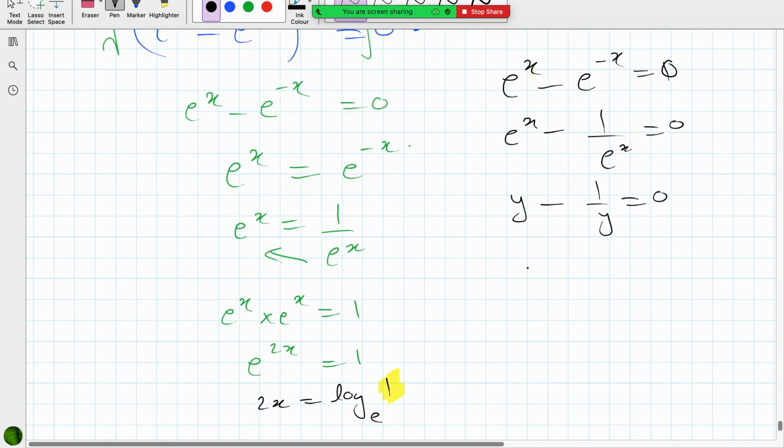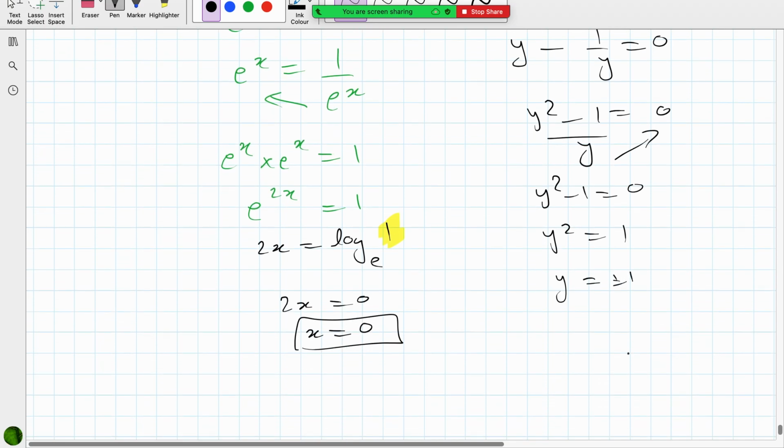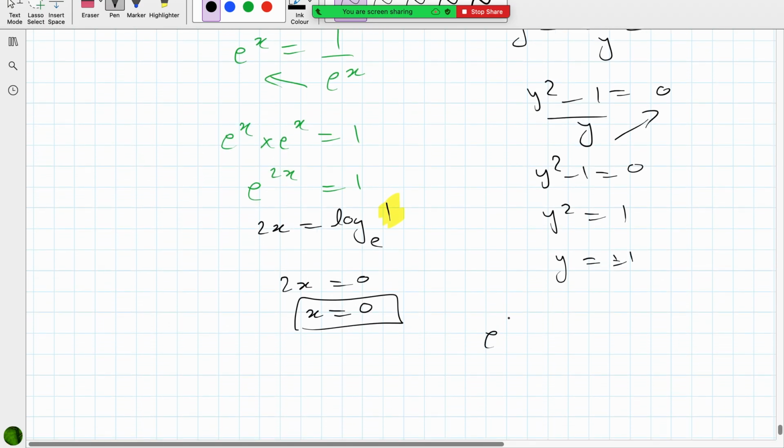Now you take the LCM. y square minus 1 over y is equal to 0, and y square minus 1 equals 0. y square is equal to 1, square root on both sides. y is equal to plus minus 1, and e raised to power x is equal to 1, and e raised to power x is equal to minus 1. This is rejected.